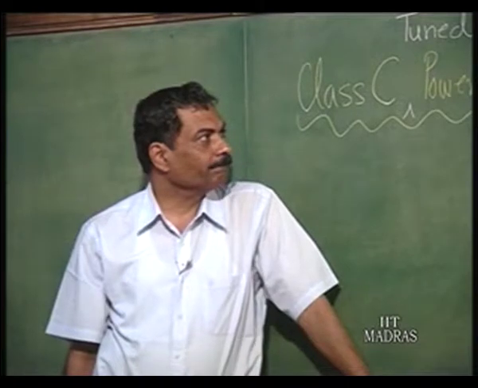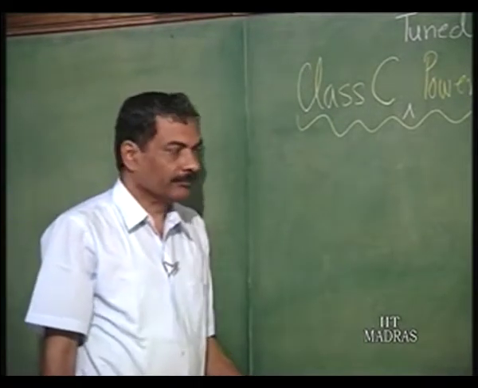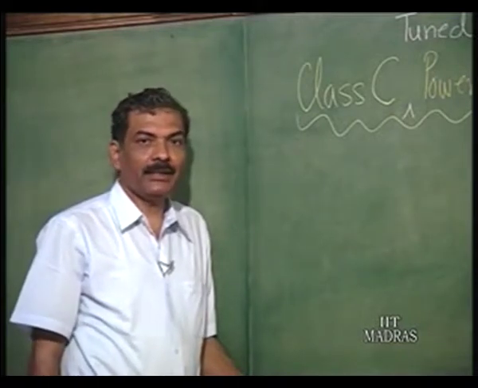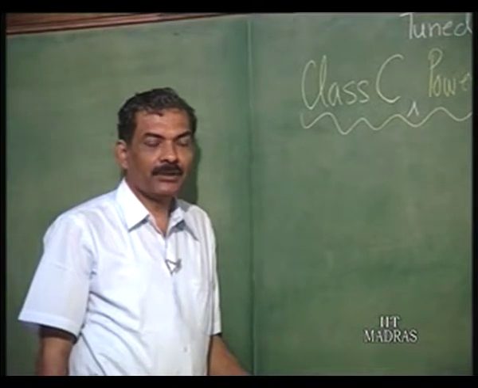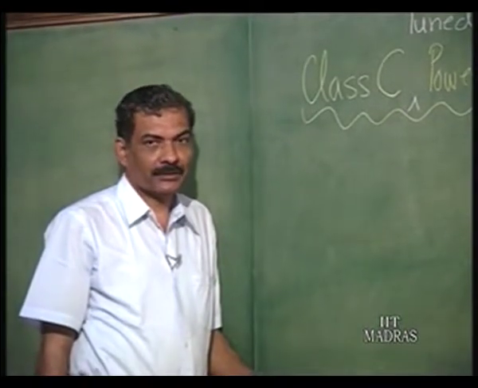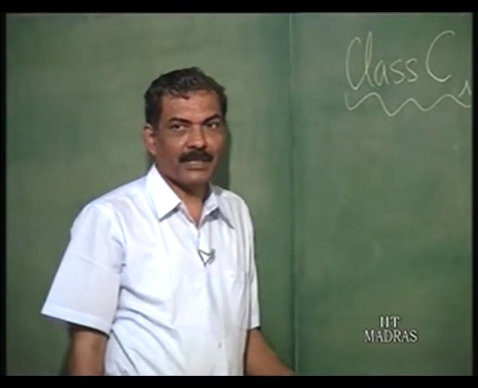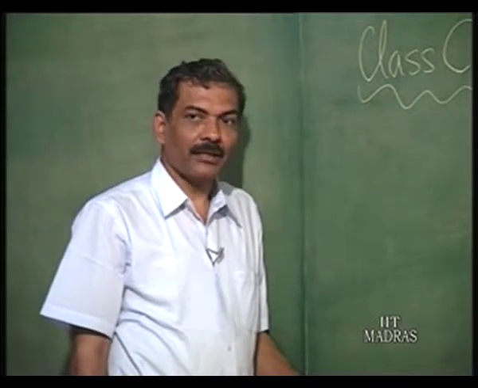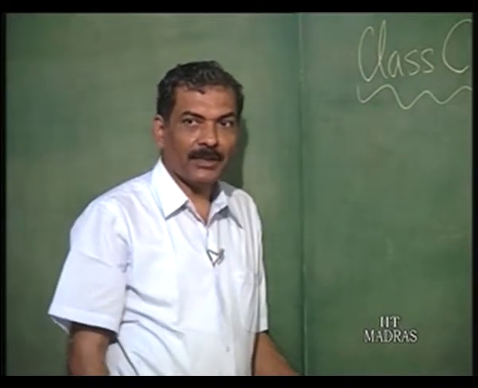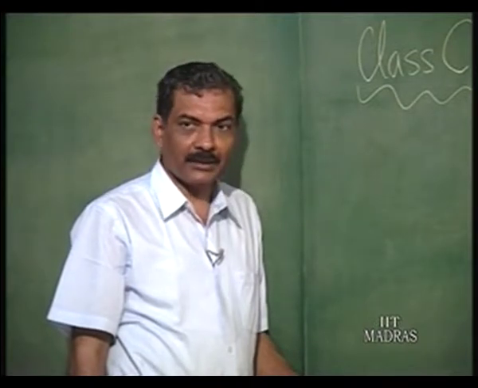So, what is class C? In class B, we made the individual transistor operate only for half the time period. The other half is taken care of by the other transistor, two transistors made up the full sine wave. Here on the other hand, and of course, the quiescent current in class B was 0. Here the operating current still remains 0.